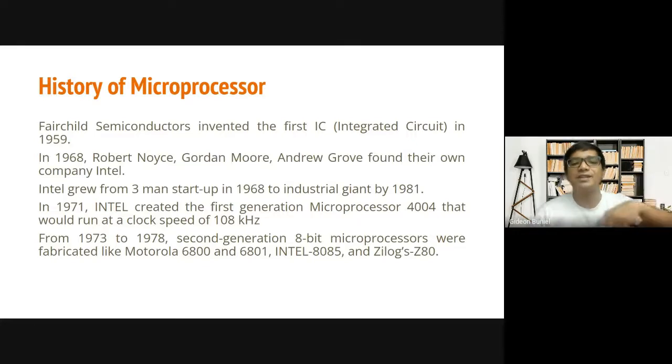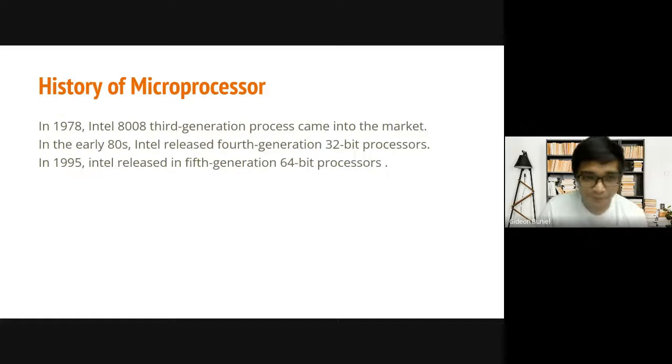From 1973 to 1978, second generation 8-bit microprocessors were fabricated, like Motorola 6800 and 6801. We also have the Intel 8085 and Zilog Z80. So these are actually the first of those microprocessors introduced in our communities in the world.